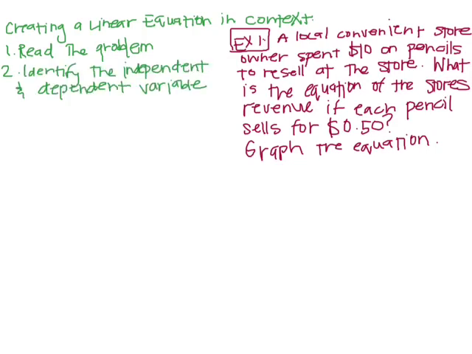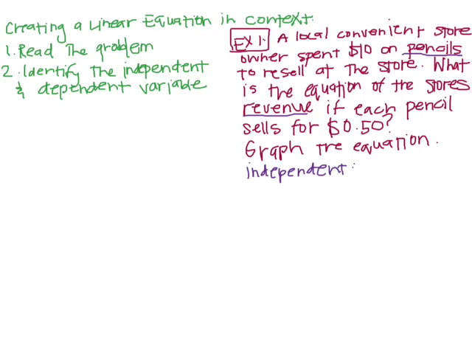So, we said that the independent variable is the quantity that changes based on the values chosen. Well, I have 2 variables here. My first variable is the number of pencils sold. And my second variable here is the revenue, or how much money I've made. My independent variable is something that basically you get to choose.